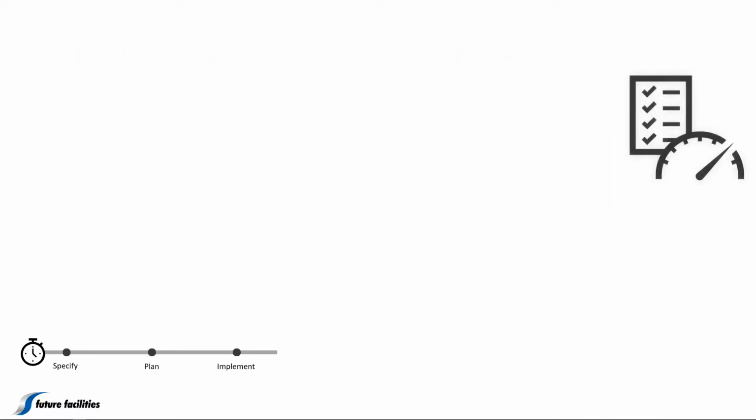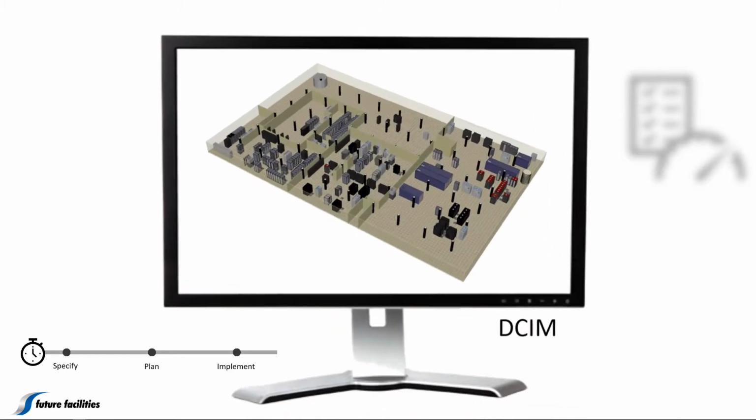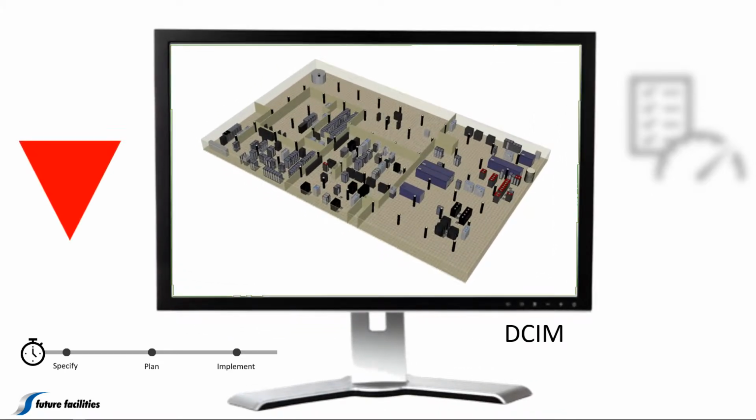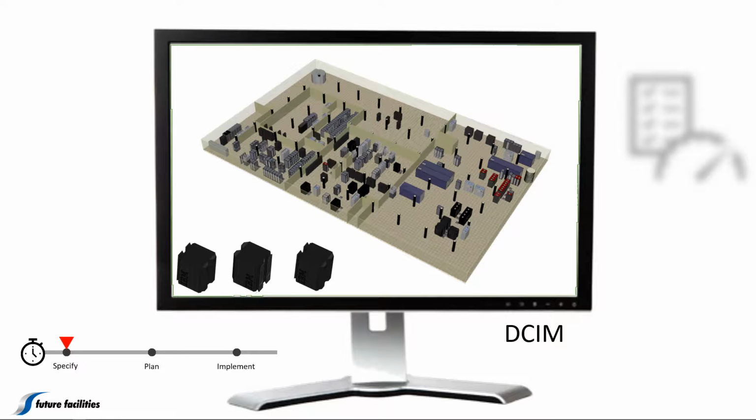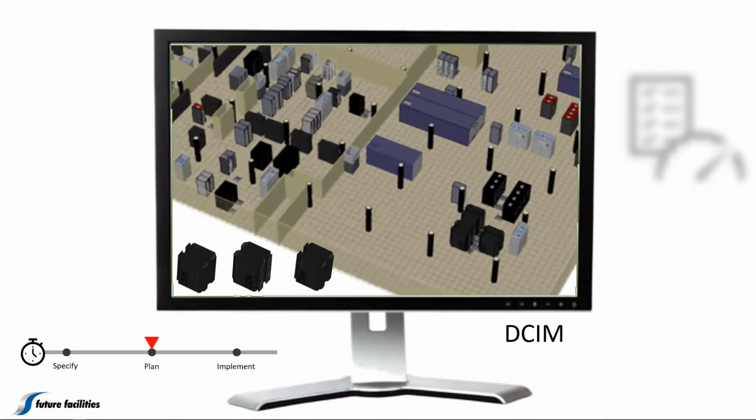To illustrate, here is a typical operating scenario. 3 high-density IT devices have to be installed. Under current practices, such as those based on DSIM tools, simple guidelines are the basis for planning.